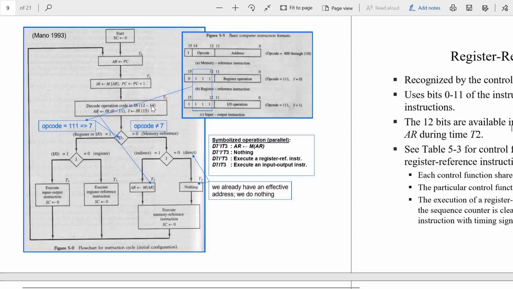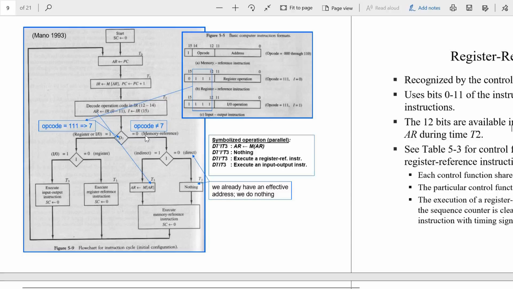Bits 12 to 14, the 3-bit opcode field, go to the decoded operation, so that different decoded operations are generated. Bit 15, a single binary bit, is the I field: I equal to 0 means direct address, and I equal to 1 means indirect address.